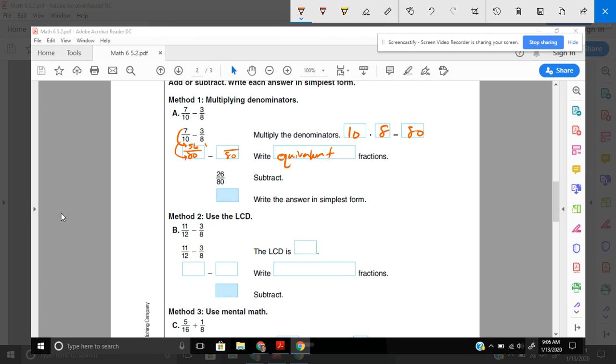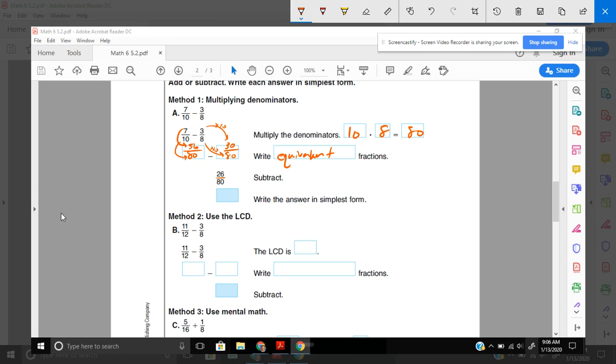To go from 8 to 80, I multiplied by 10. So do the same to the top. 3 times 10 would be 30. So now I have 56 80ths minus 30 80ths, keeping the same denominator of 80. 56 minus 30 gives me 26.